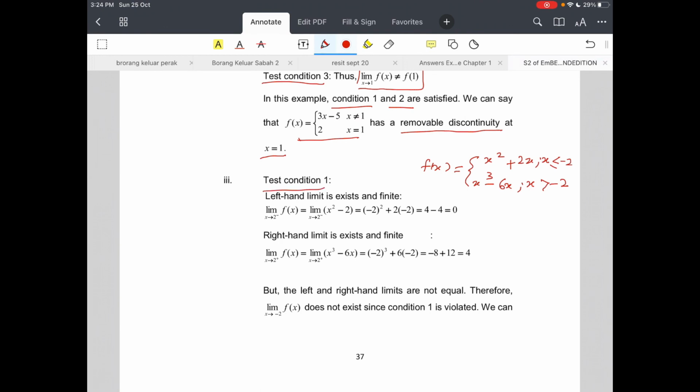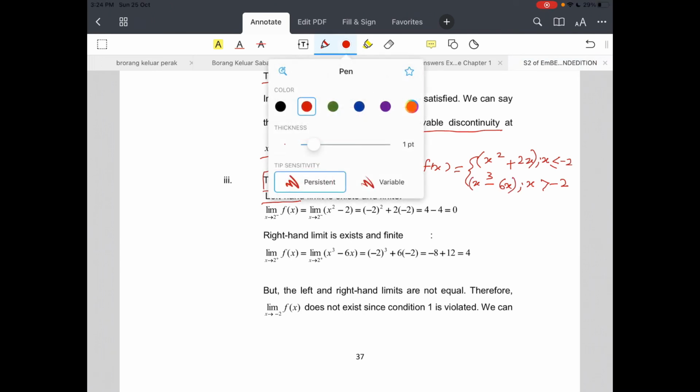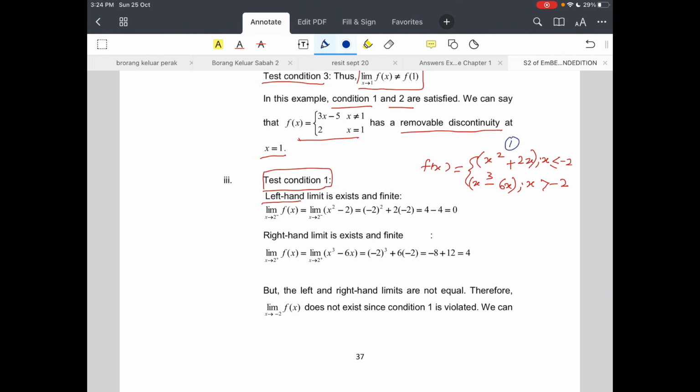We test the first condition from the left hand limit. So for the left hand limit, it means that we need to evaluate the first function. The second function is here, and our first function is here. So the typo is here. It is actually x squared plus 2x.